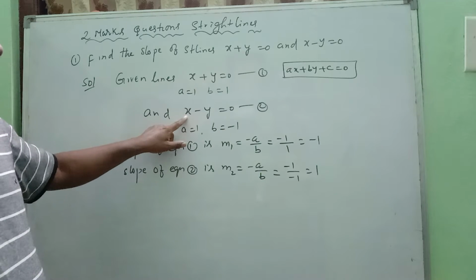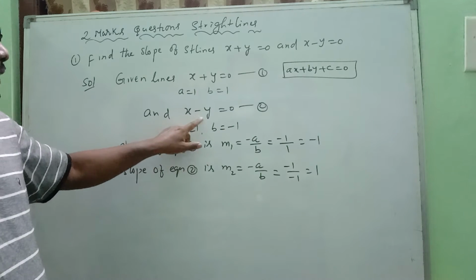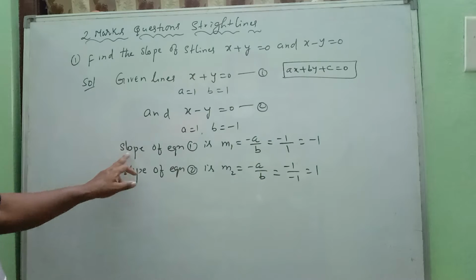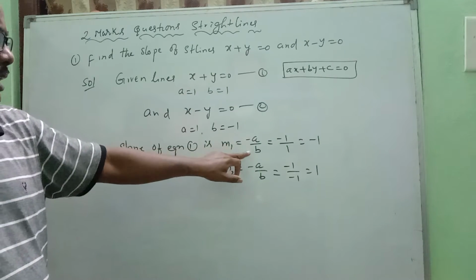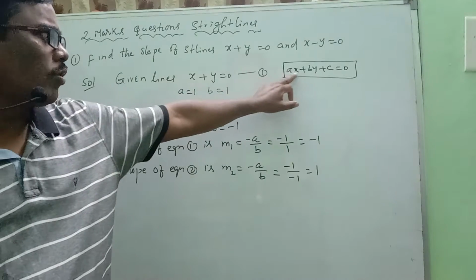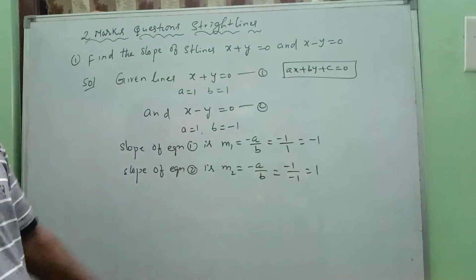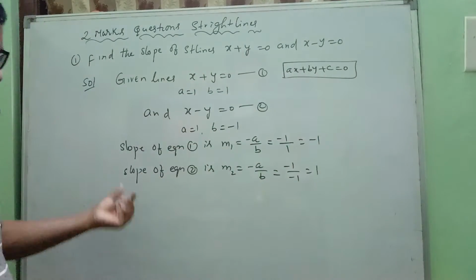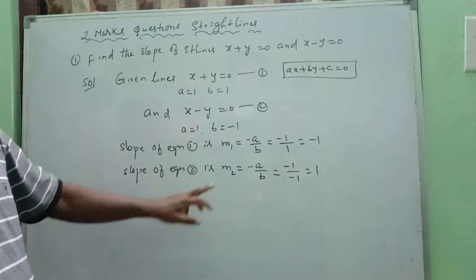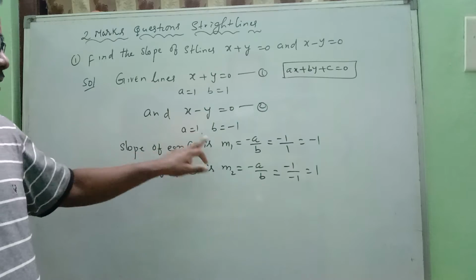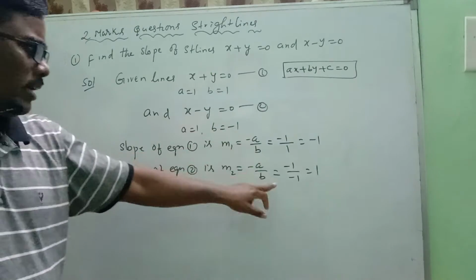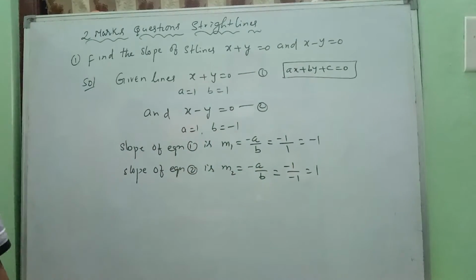For the other line, the x coefficient is 1 and the y coefficient is minus 1. Slope of equation 1: m1 equal to minus a by b, minus x coefficient by y coefficient, so minus 1 by 1, which is minus 1. Slope of equation 2: again the same formula, minus a by b. The a value is 1 and b value is minus 1. The minus signs cancel, giving 1.